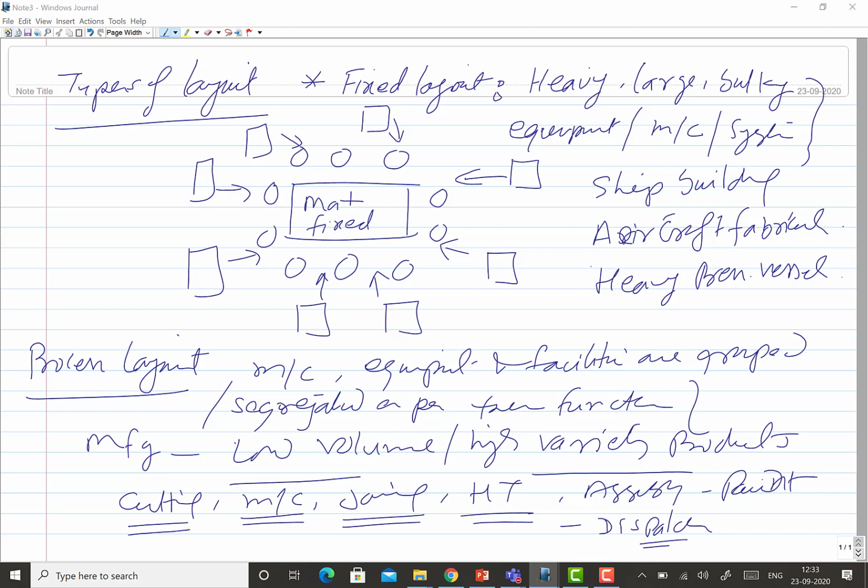And one typical example of the process layout is the garment industry, where we have cutting, stitching, and then packing. So receiving is at one place, cutting at another, stitching at another, and then packing and dispatch at another place.